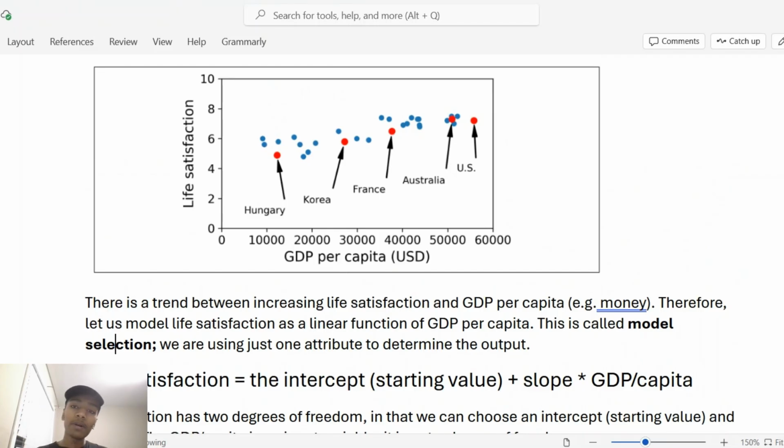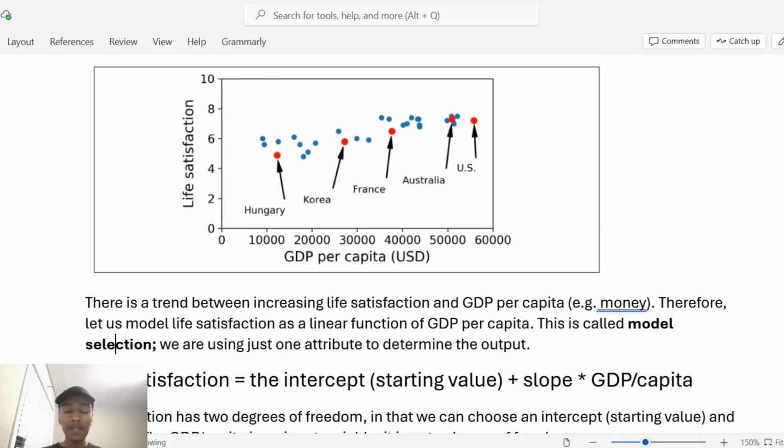Now, in this case, GDP, by the way, is just the gross domestic product of an economy. It's how much an economy produces on a yearly basis, and we're dividing it by the number of people within that particular economy. Now, obviously, the amount of money distributed to each person in an economy will not necessarily be the same, because if one person has a higher net output than another person, then it's not going to be an equal distribution.